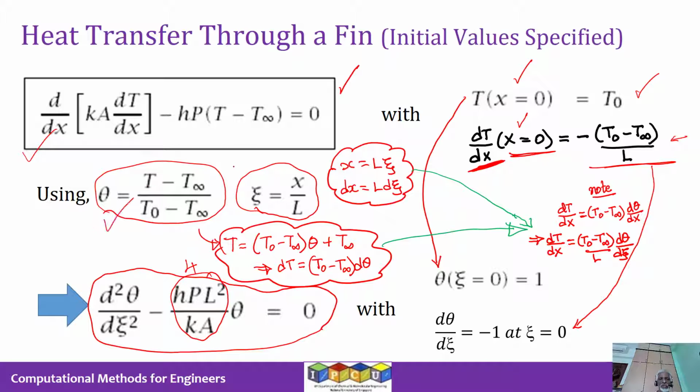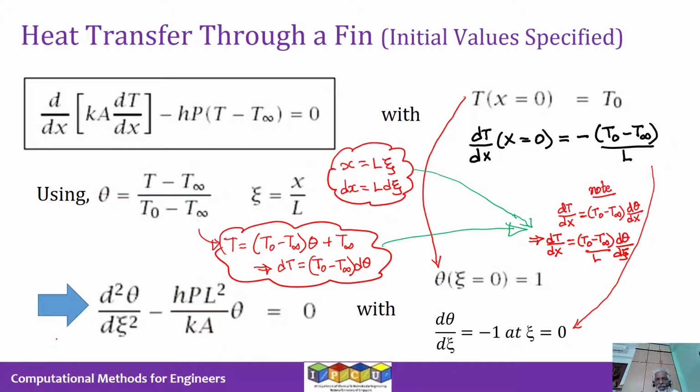The definition of the dimensionless quantities doesn't change. And therefore, the new differential equation in terms of dimensionless quantities is the same as we saw for the boundary value problem. If you look at the first condition, with the dimensionless quantities being exactly the same as before, the first condition also remains the same.